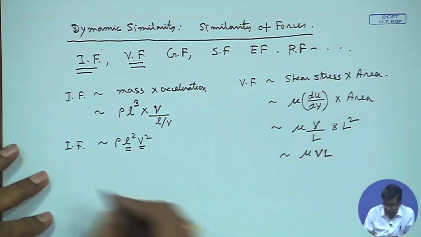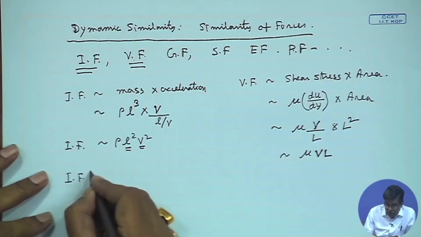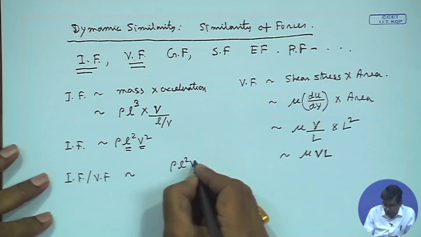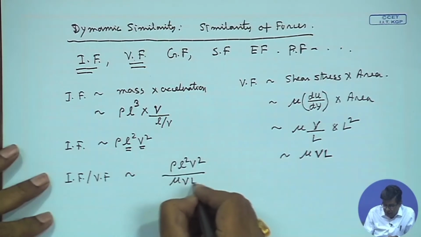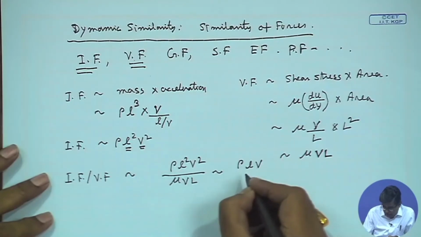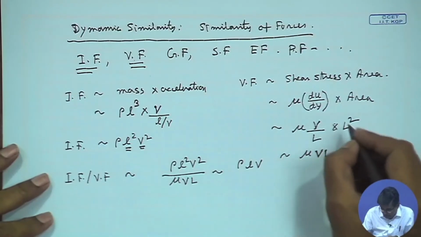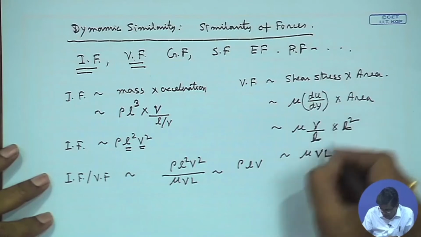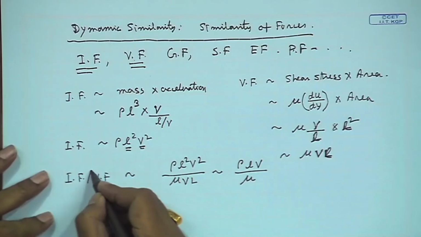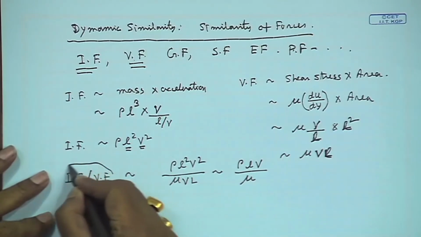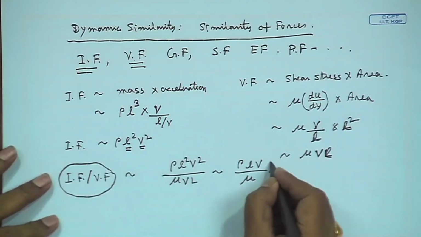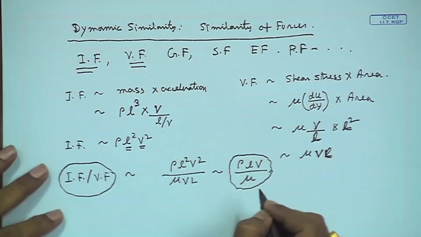So the viscous force can be expressed as mu V L. Therefore, inertia force by viscous force by scaling is proportional to rho L square V square by mu V L, which equals rho L V by mu, with the same characteristic L. So, if we have to keep the inertia force by viscous force ratio the same for both systems between which physical similarity is sought, we have to keep this combination of variables the same in both cases.